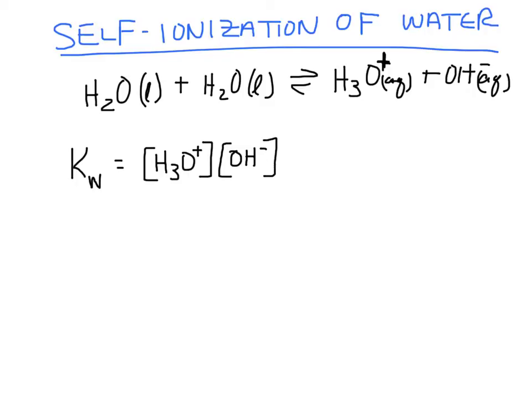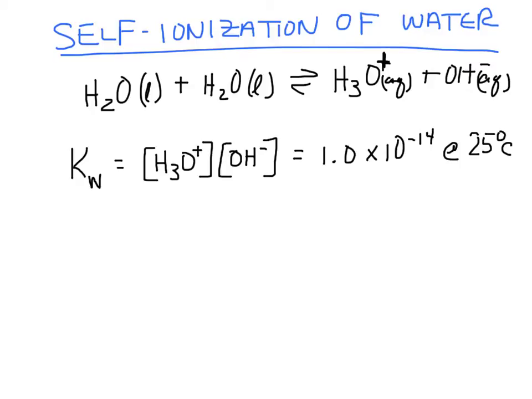So that number equals 1.0 times 10 to the negative 14th. And remember, for equilibrium, it's temperature reliant, so that's at 25 degrees Celsius.